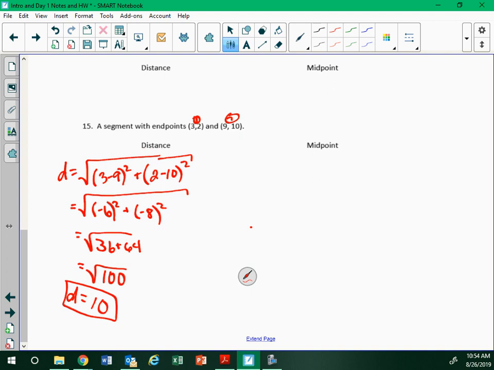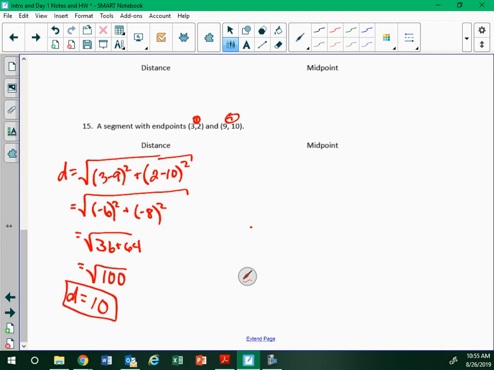Awesome. Now, we're in high school, we're in honors geometry. I don't expect you to write out every single little step. If you're one of those people that wants to, that's fine. I was one of those people in high school who needed to write out every single step to make sure I didn't miss anything. But if you're able to simplify in your head, like 3 minus 9, well that's -6 squared, which is 36, then you can skip this step to 36 plus 64.